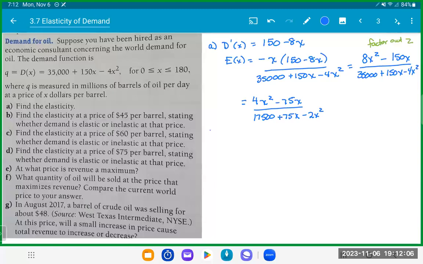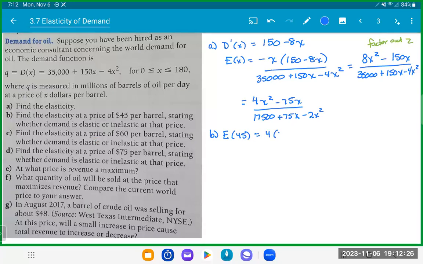Okay, so part B is asking us to use our elasticity function and look at having a price point of $45 per barrel. So we will evaluate our function at that then, right?